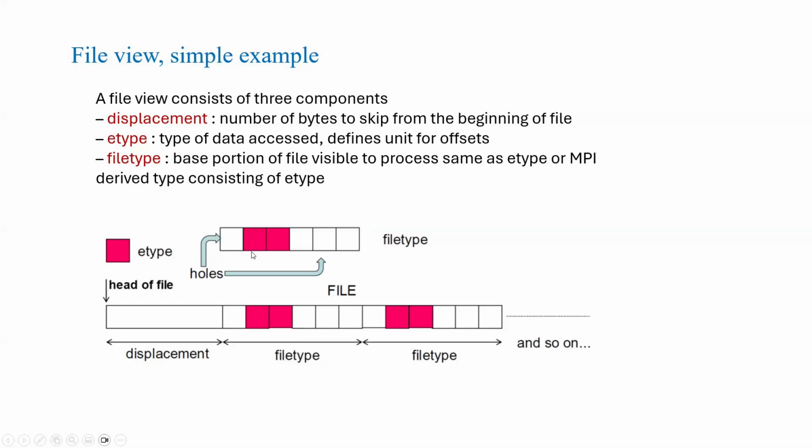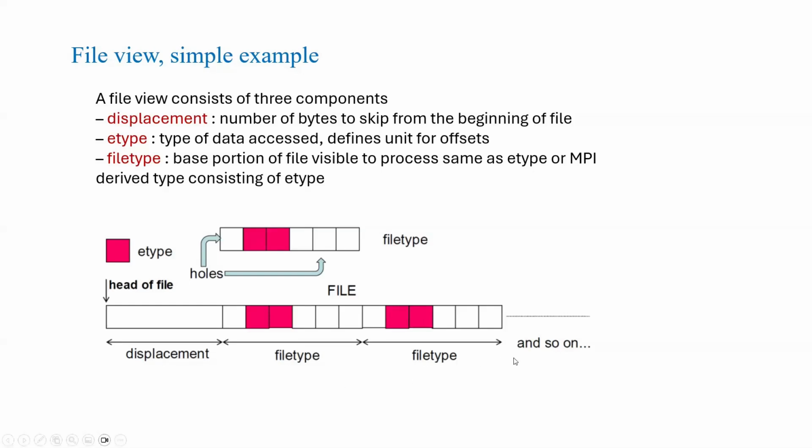In this file type, say we have four E-types. The first one is a gap, a hole. Then the next two are real data, and the other ones are holes, gaps as well.